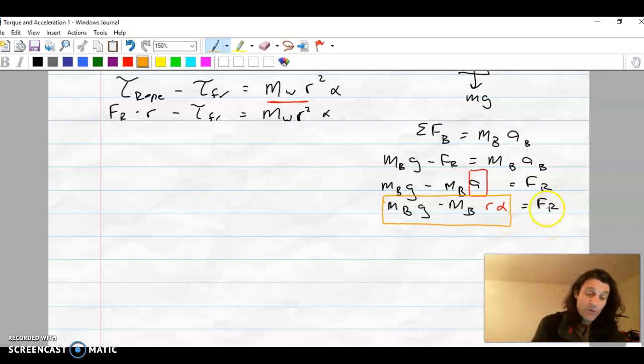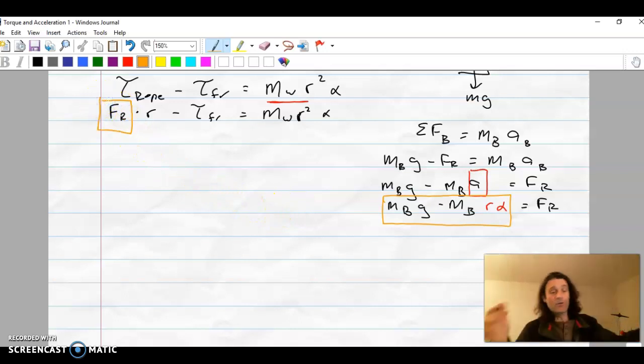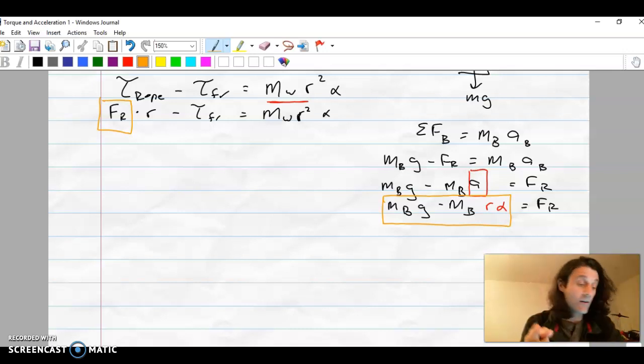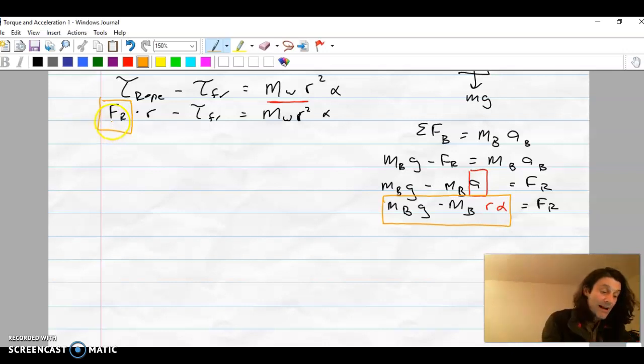Now, that force of the rope looks awfully similar to that force of the rope. So we now have a swap opportunity. What is boxed in that orangish color is mbg minus mbr alpha. All of that is what I wrote right there.